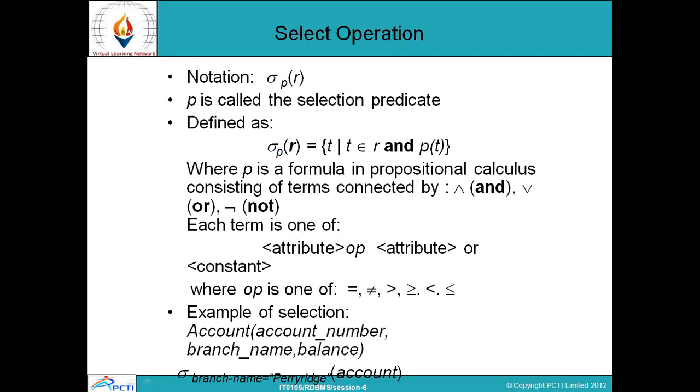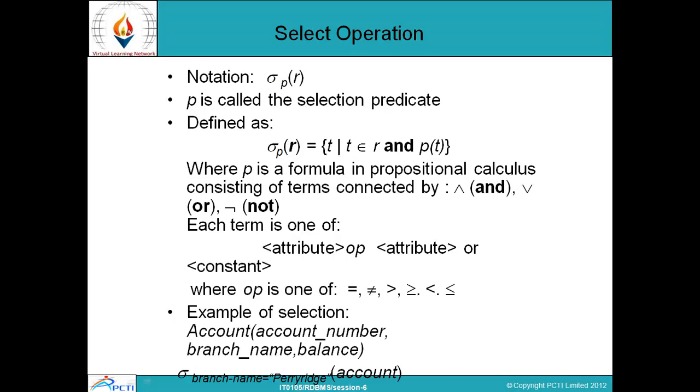We are selecting over the rows, taken over R, the relation from the table. Where this predicate is a formula of propositional calculus consisting of terms connected by the symbols for and, or, and not.